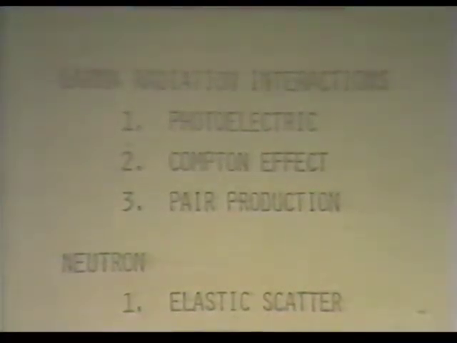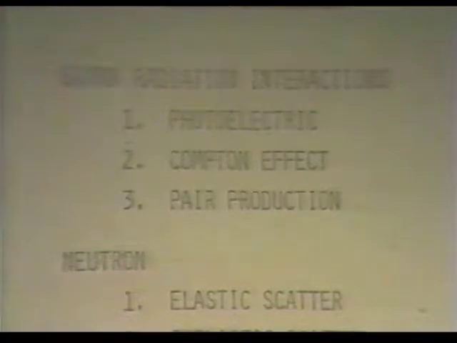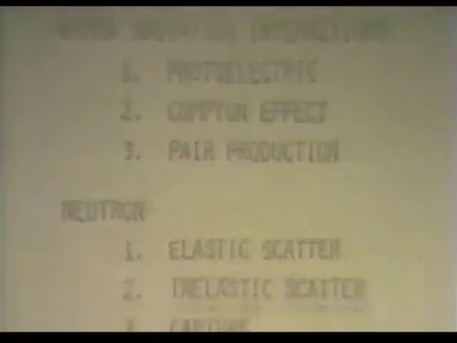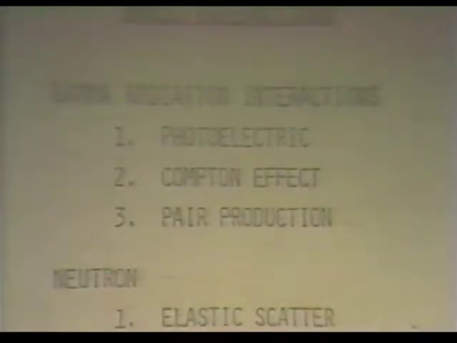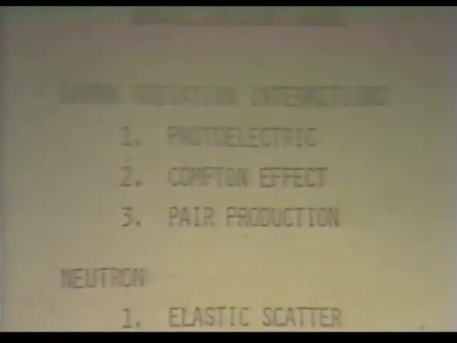Now, the photoelectric effect is associated almost entirely with X-rays. Or put another way, X-ray interactions are almost entirely photoelectric at that energy. Gammas are mostly Compton. Pair production is an interaction that takes place at very high energy photons and cannot happen until you get a little above 1 MeV.